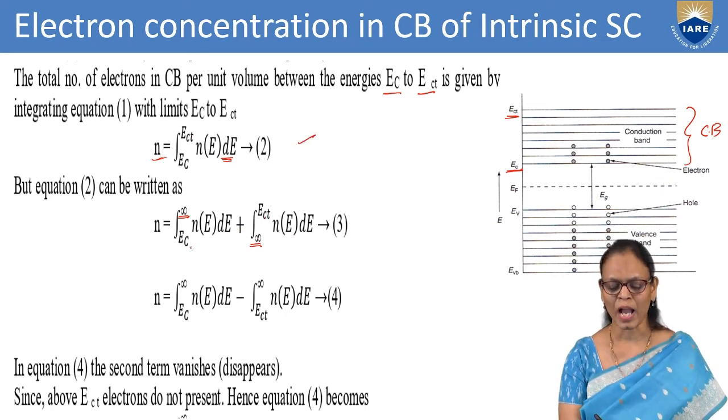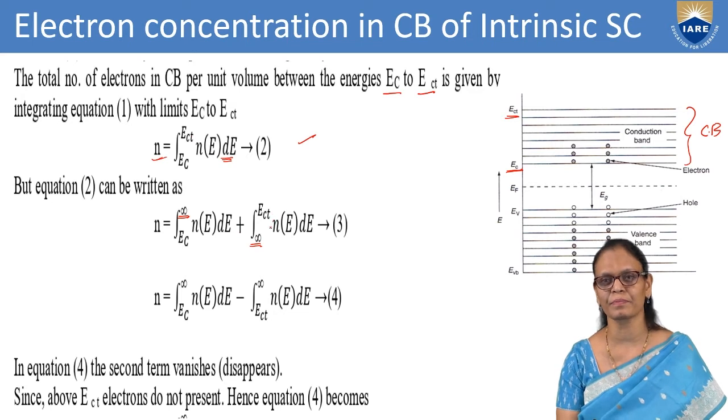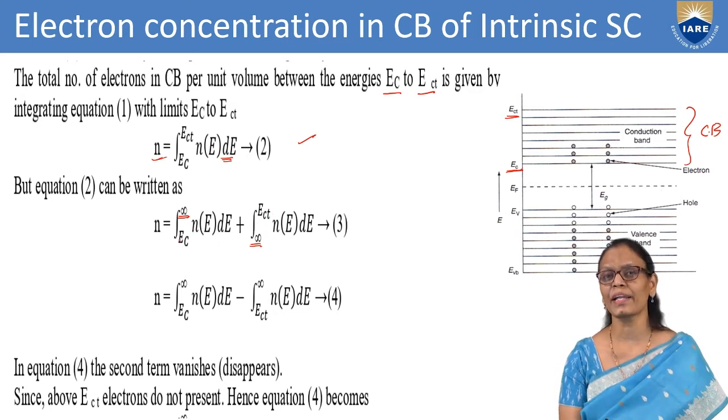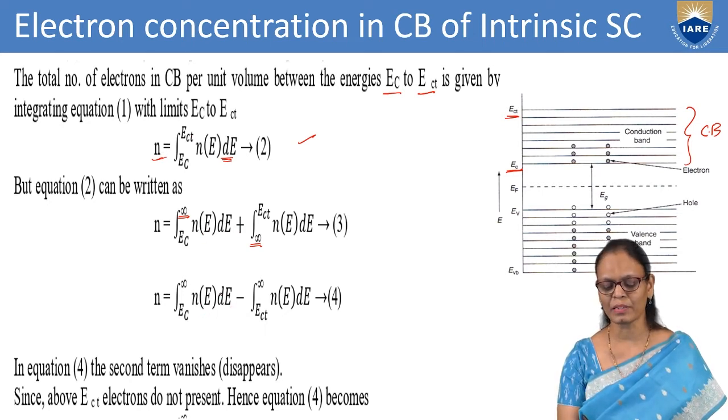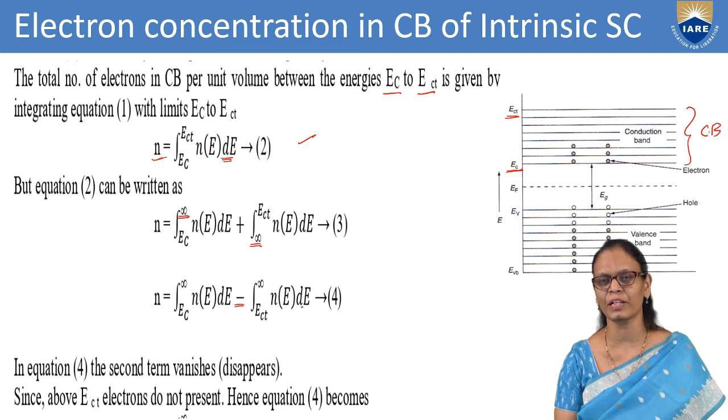This expression, I am just splitting the limits. Now I can rewrite it: I will keep the integral from Ec to infinity of n of E dE as it is, but in the second term I will interchange the limits. I will write it from Ec top to infinity, then there will be a minus sign, because this will reverse.